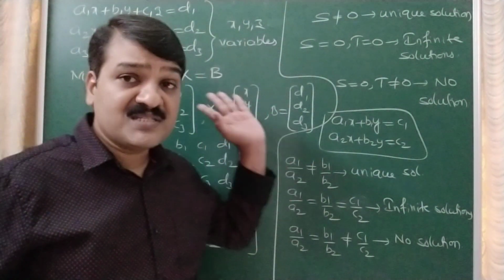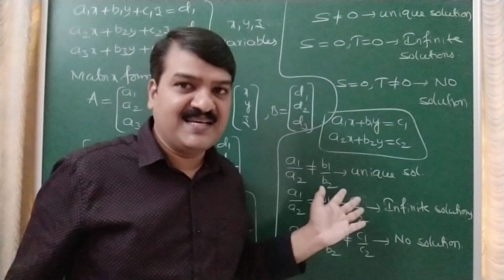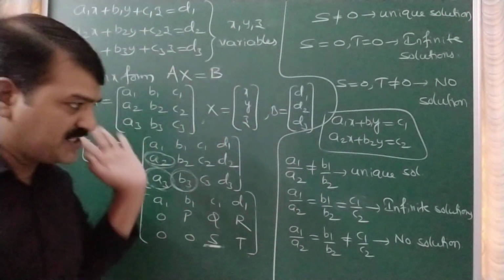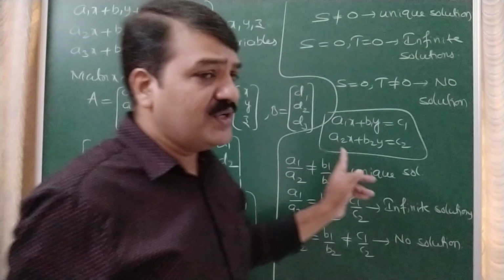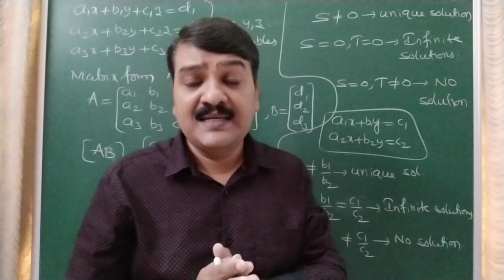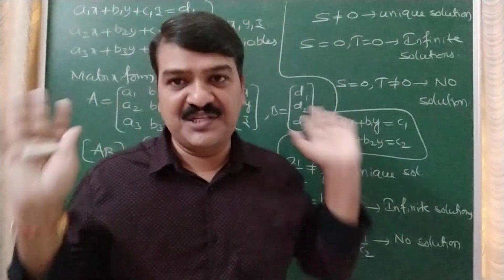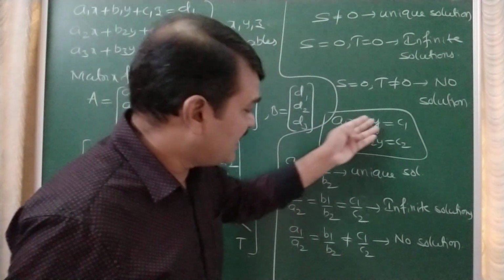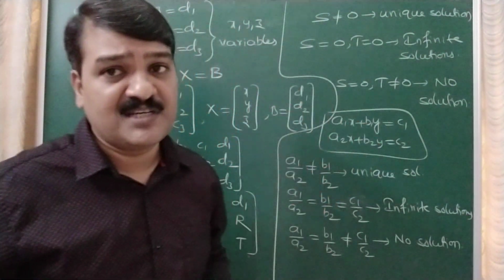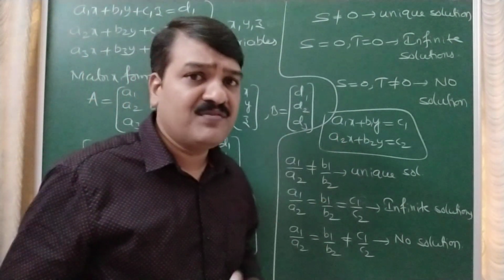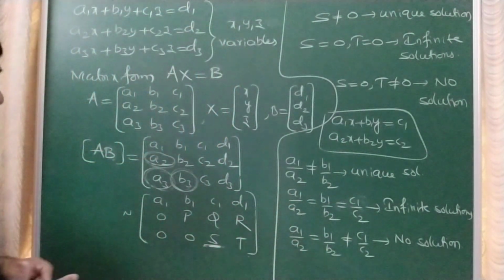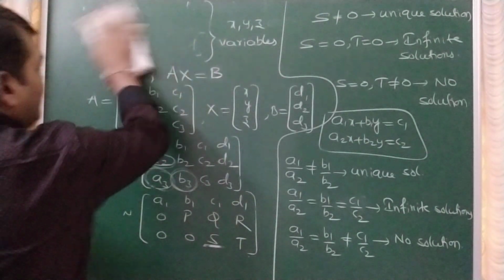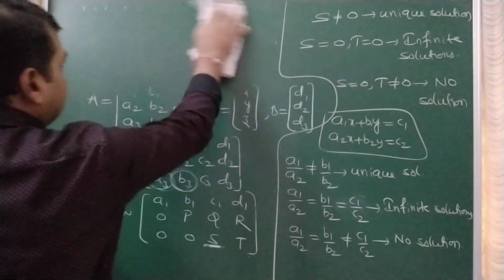But for three equations and three variables, you cannot decide like that. You have to take the augmented matrix and follow this procedure. Okay, so for unique solution, basically, det A is not equal to 0. That you can simply say here by taking the coefficient matrix.